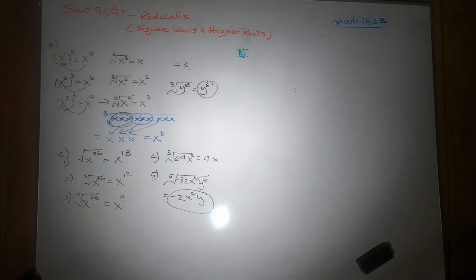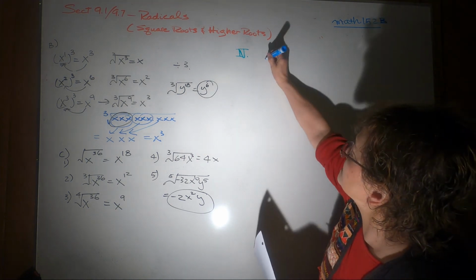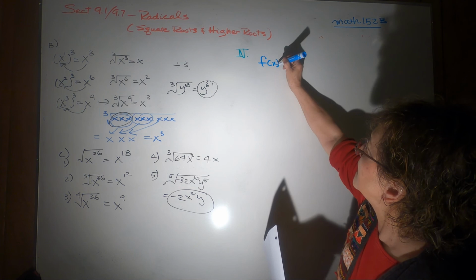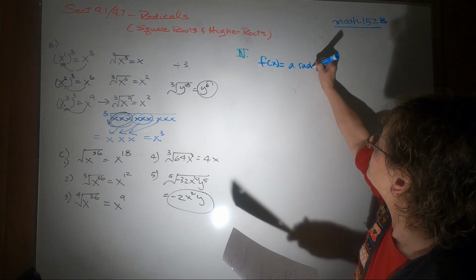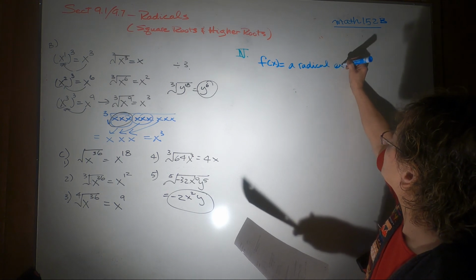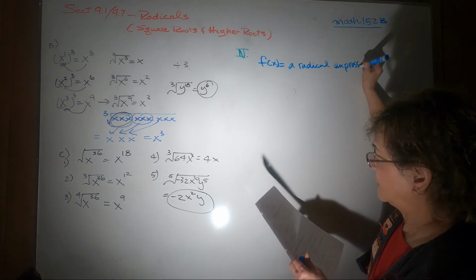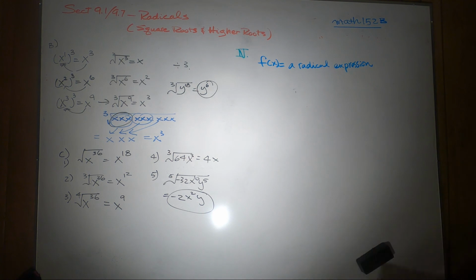So another thing we want to mention is something called radical functions. For functions, we use function symbols. The x is what? A radical expression. Expression is the algebra language.